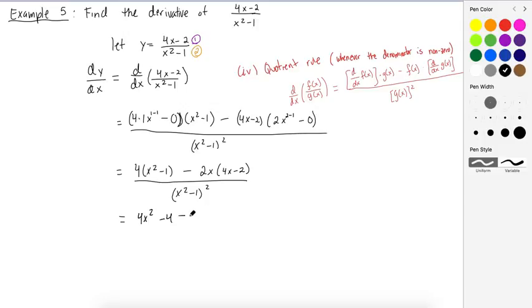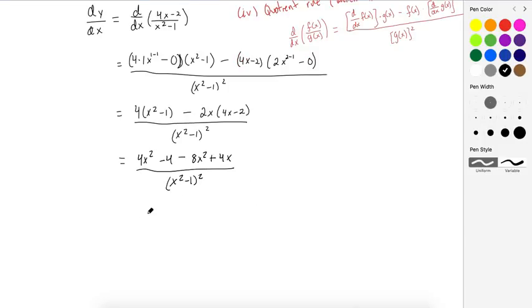Now right here what we have is 8x squared plus 4x, all divided by x squared minus 1 squared. Putting this all together, we combine the like terms, so we have negative 4x squared plus 4x minus 4 over x squared minus 1 squared.